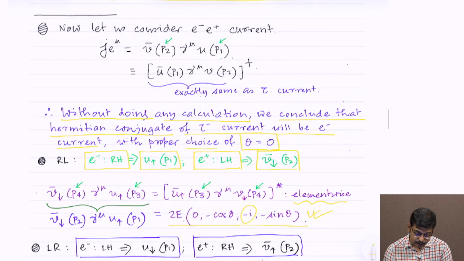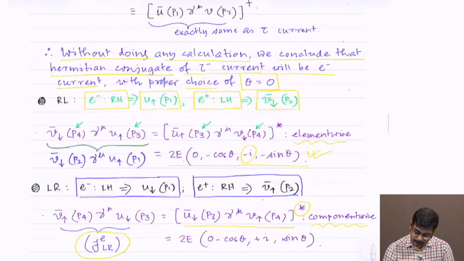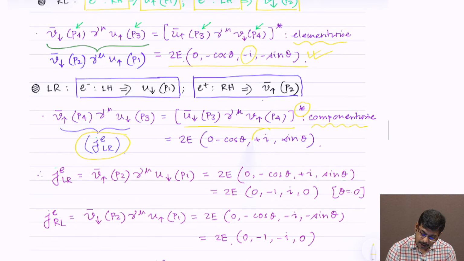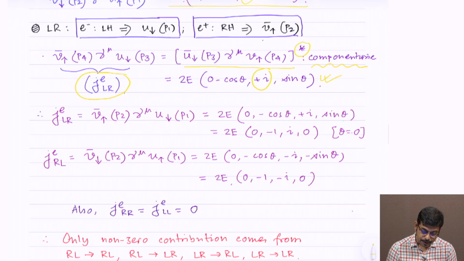And if I just look into this expression, this is 2E, 0, minus cos theta, minus I sin theta. So I just have to change this minus I to plus I, and then I am done. So this is what I have done. So I have the expression for this JE LR combination.